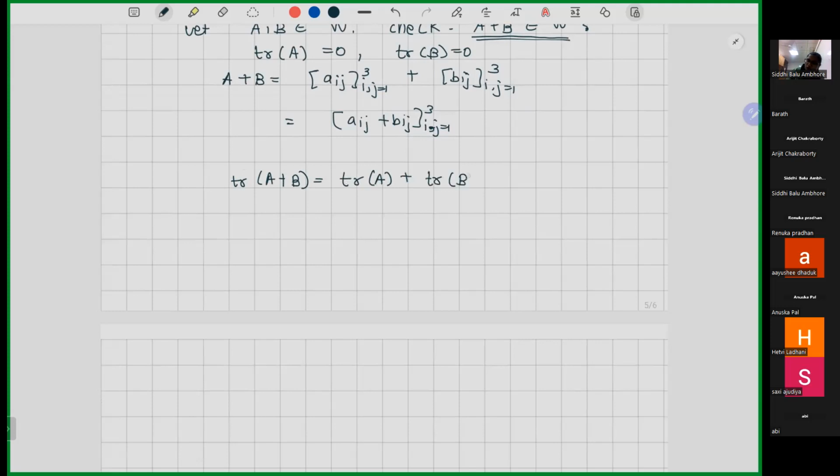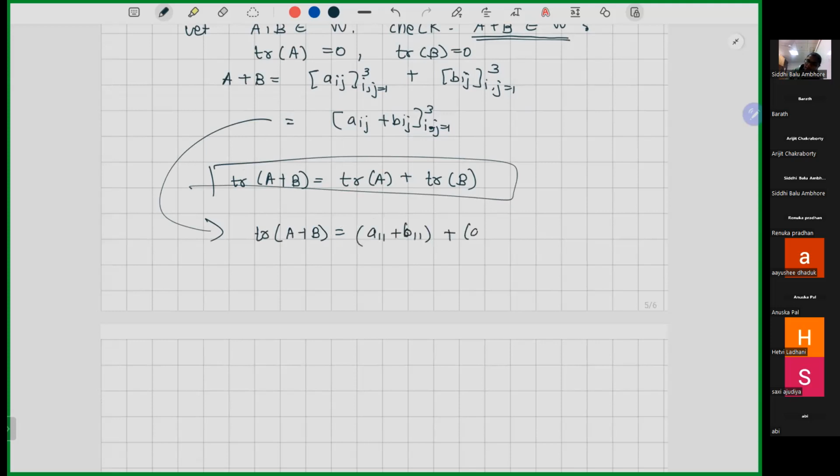Okay, but even if you do not know this property, we can understand from the definition of trace that the trace of A + B here will be A11 + B11 + A22 + B22 + A33 + B33.